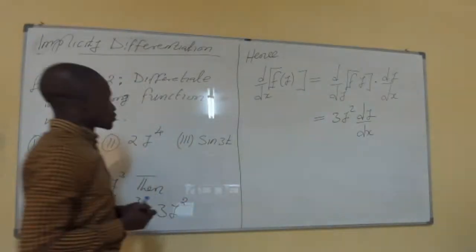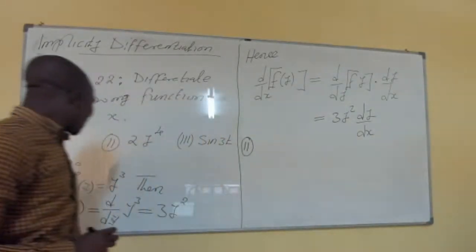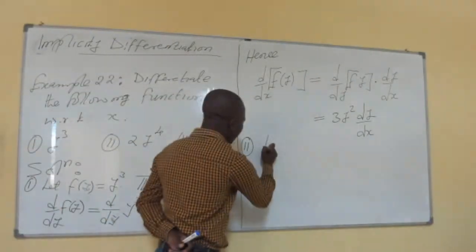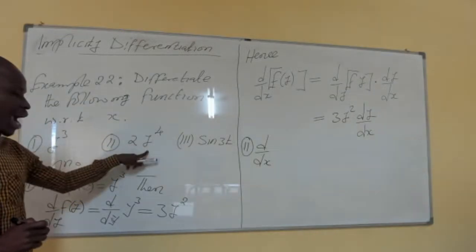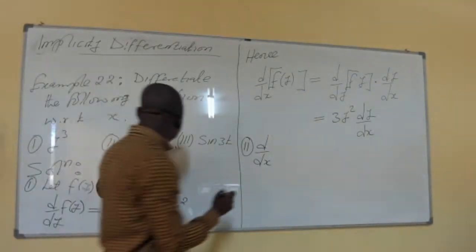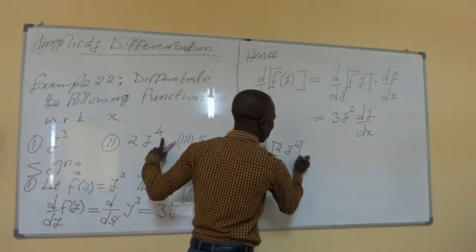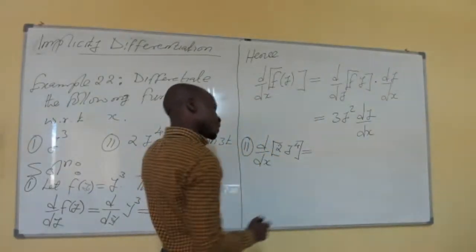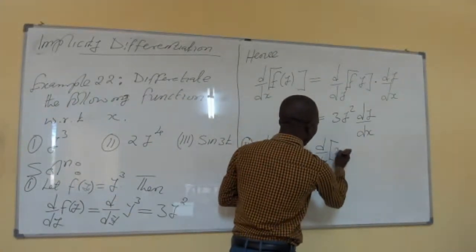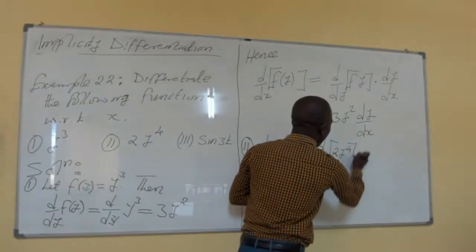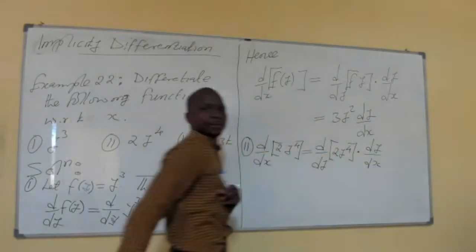Then part 2. Our function in part 2 is 2y to the power 4. The derivative of 2y to the power 4 with respect to x is equal to the derivative with respect to y of 2y to the power 4 multiplied by the derivative of y with respect to x.